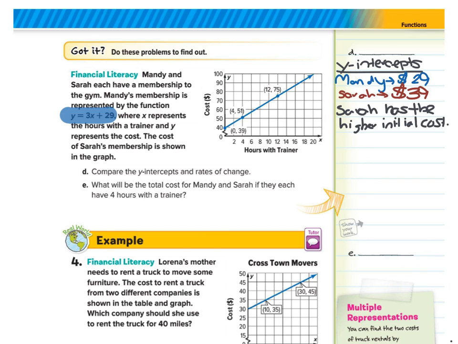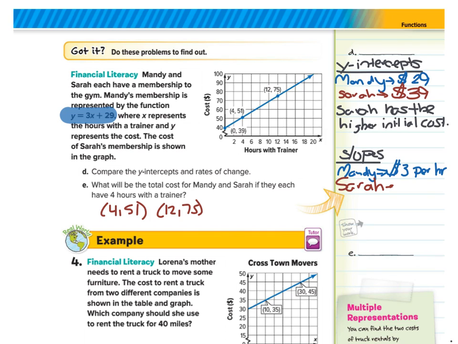What about slope? Well, once again for Mandy, we can look at her function at this value of 3 and conclude that it's $3 per hour. So $3 per hour. As for Sarah, we're actually going to have to calculate. So what we're going to do here is take 2 points. Let's take the (4, 51) and the (12, 75).